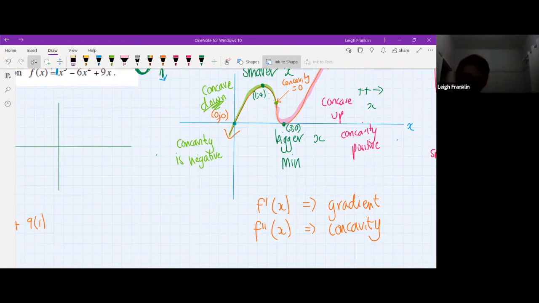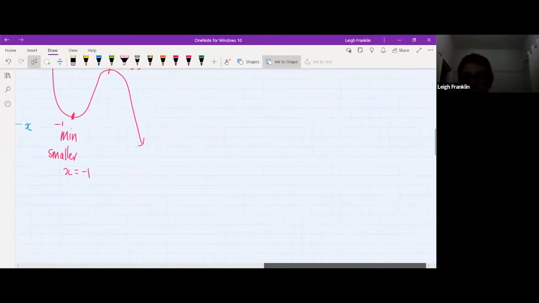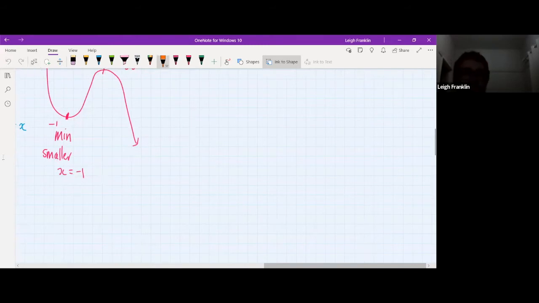Yes, Cassandra, with pleasure. Cassandra's just asked me to explain the concavity part again. What I'm trying to get you to understand, Cassandra, let me just move over and draw over here, is that we do look at 3 things when we're talking about the cubic function.